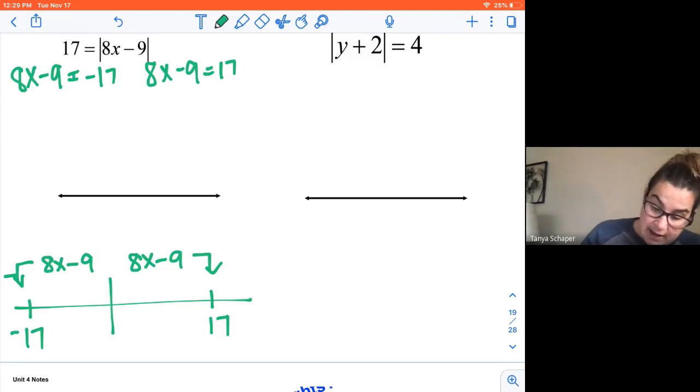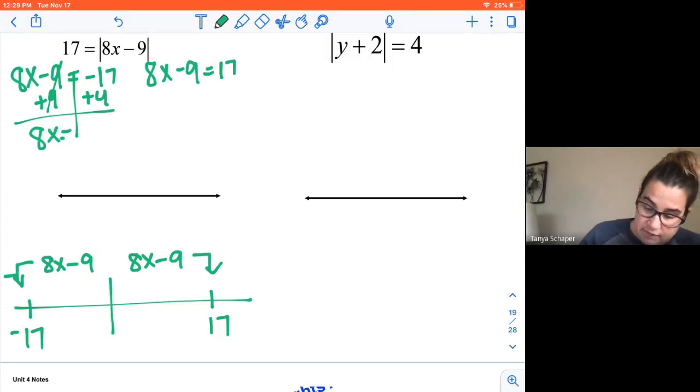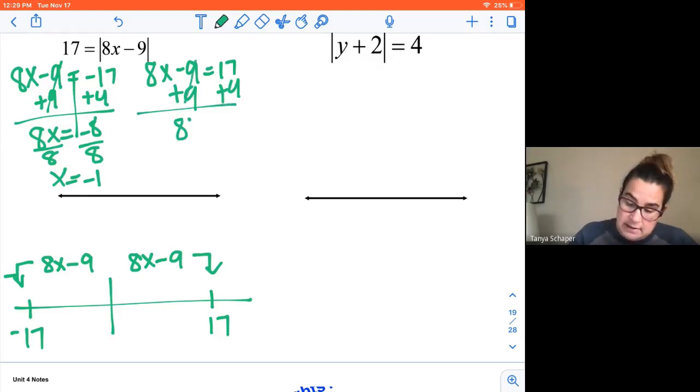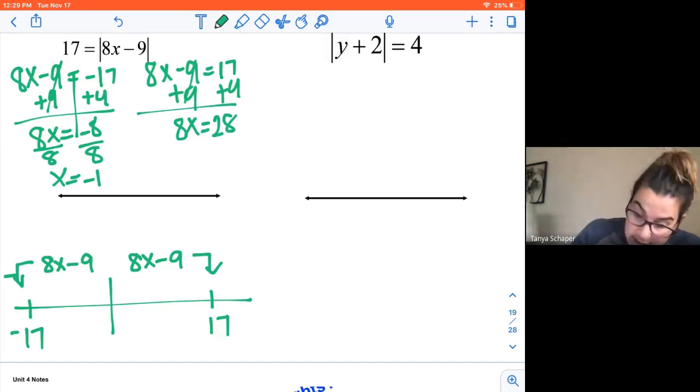So I'm going to start by adding 9. 8x is equal to negative 8. Divide by 8. x equals negative 1. Then I'm going to add 9 to both sides. 8x is equal to 28, because 17 plus 9 is 28. Just kidding, 26. See my mistake there?